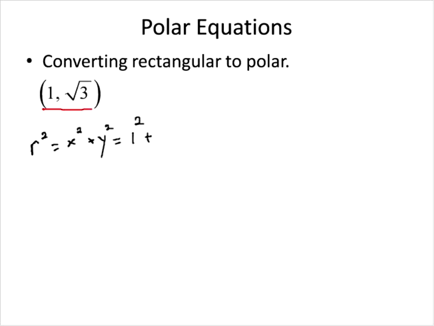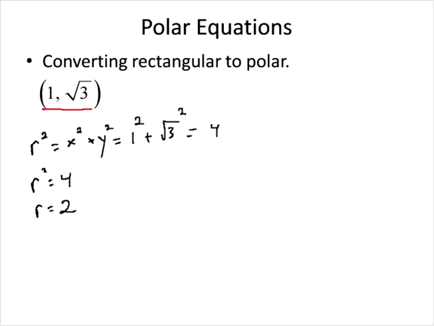Well, okay, that's going to be 1 squared plus the square root of 3 squared. So that's going to be 4. So if r squared is equal to 4, let's take the square root of both sides and get r is equal to 2.